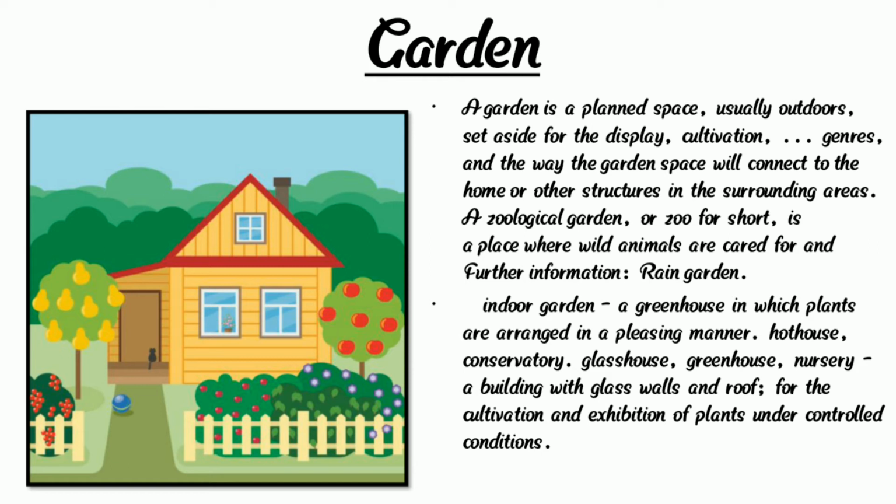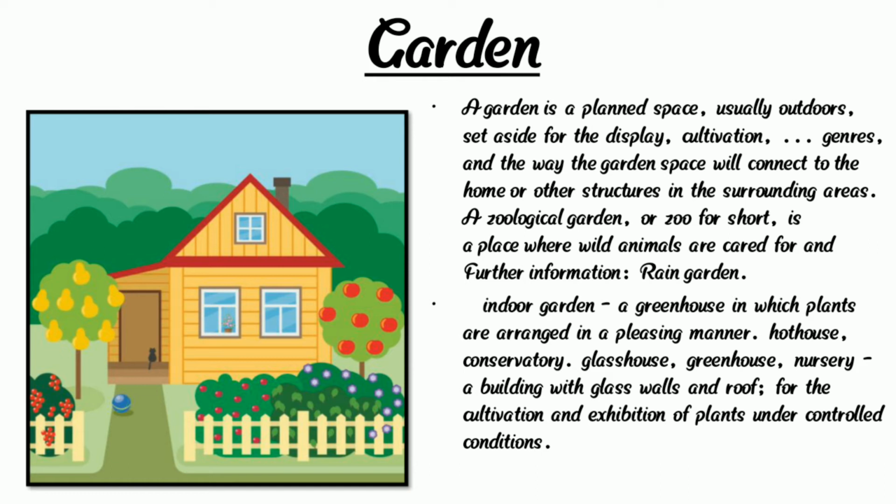An indoor garden can also use a greenhouse, in which plants are arranged in a placing manner: hothouse, conservatory, glasshouse, greenhouse, nursery, a building with a glass wall and roof for the cultivation and exhibition of plants under controlled conditions.